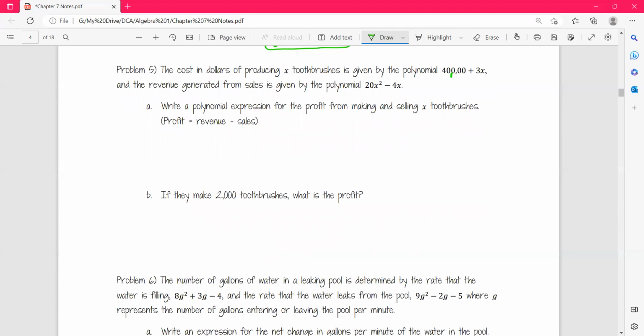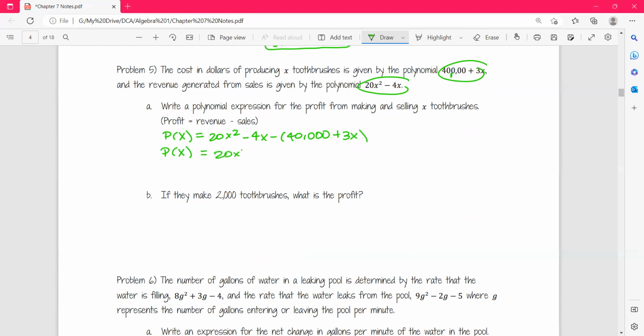They give us our profit formula. Profit equals the revenue, which is this equation, minus the cost, which is this equation. They give us that equation, we plug it in, and we simplify.